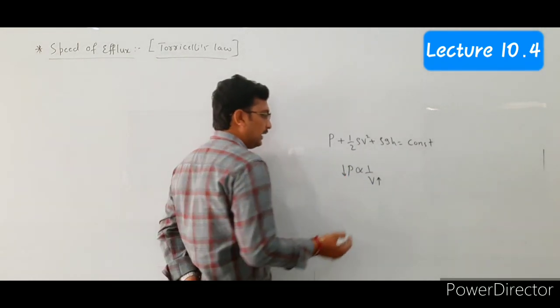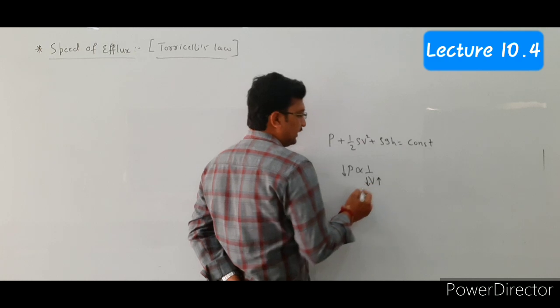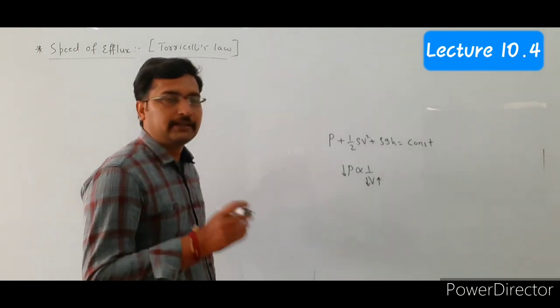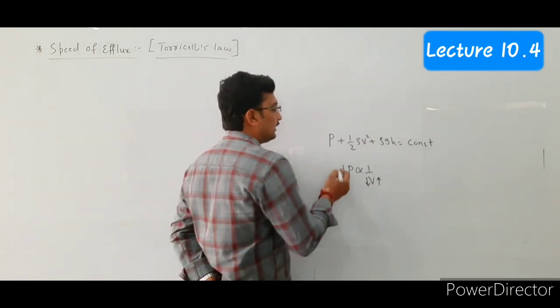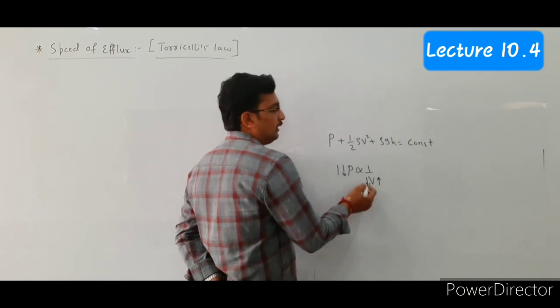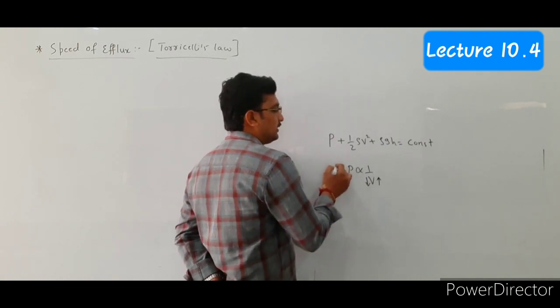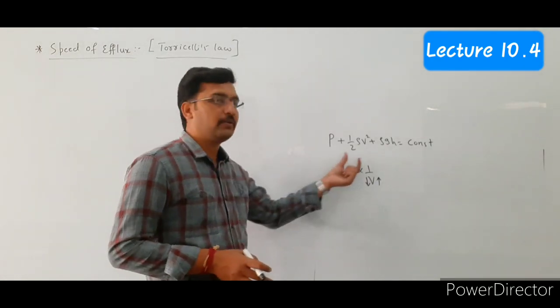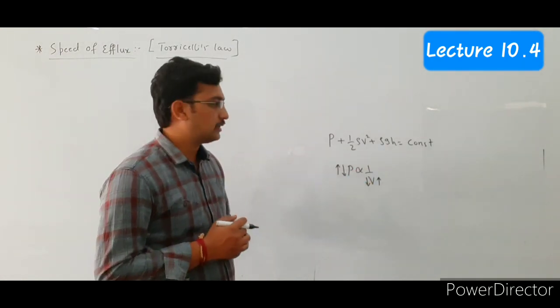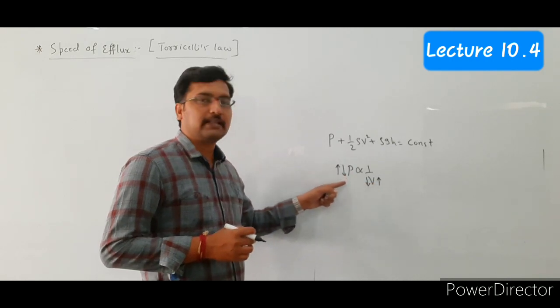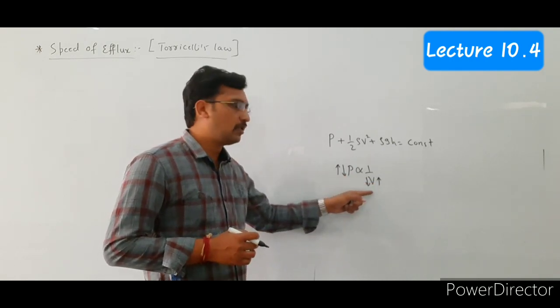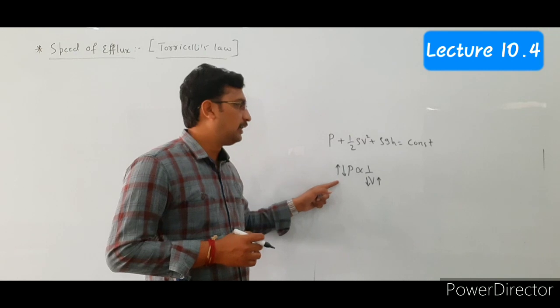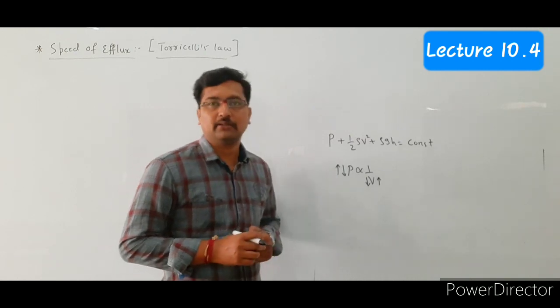If the velocity decreases, the pressure at that point increases. So if the velocity increases, the pressure decreases at that point, and if the velocity decreases, the pressure increases.